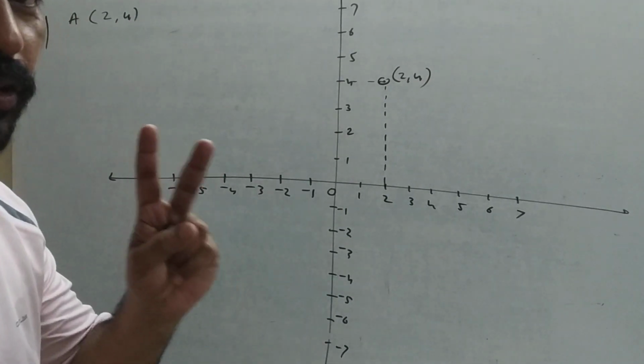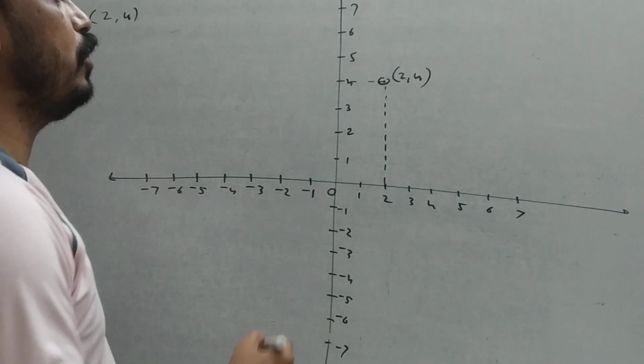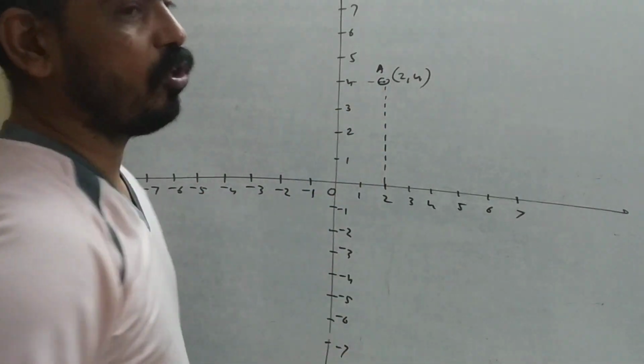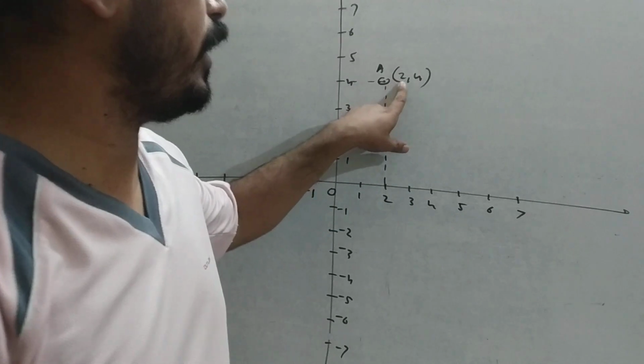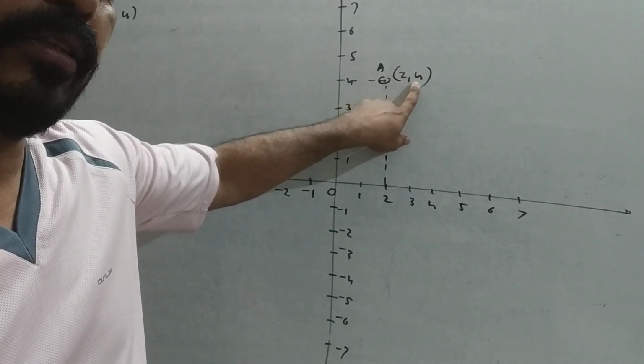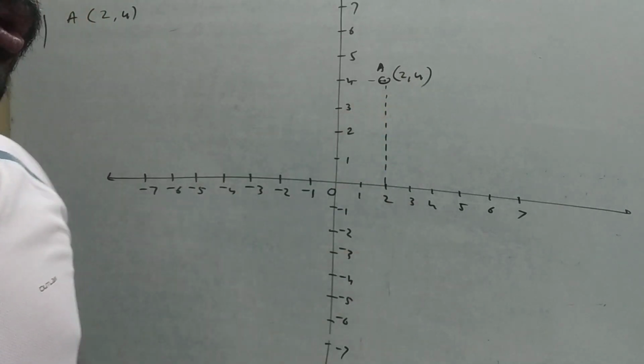This coordinate, two terms, is called (2, 4). This is A. The x coordinate is called abscissa. The y coordinate is called ordinate.